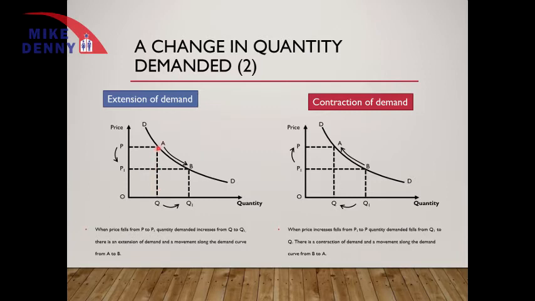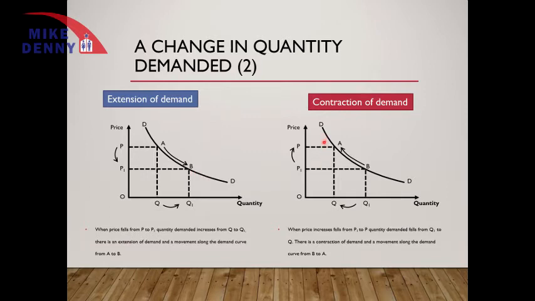And when the price fell to P1, then we move to this point on the same demand curve. So when the price fell from P to P1, there was a movement along the demand curve from A to B, and that's what is called an extension in demand or an increase in quantity demanded.